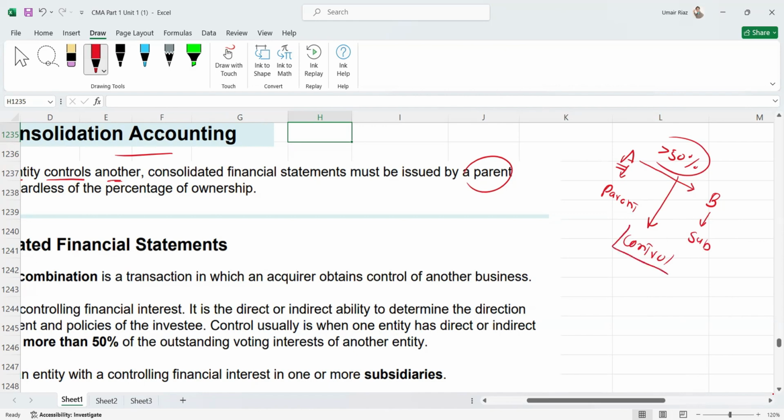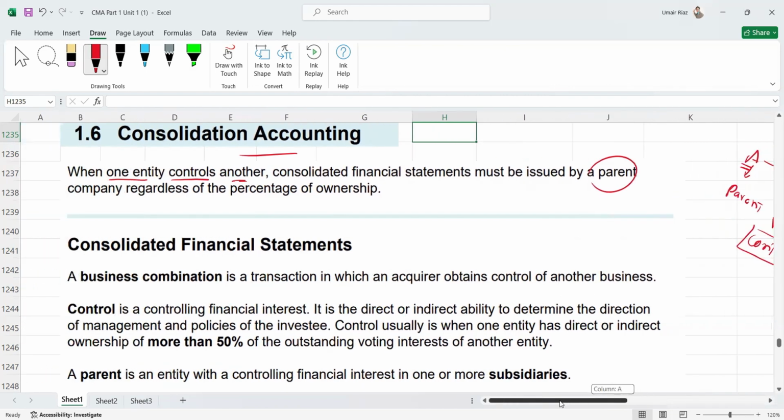Now we need to understand the definition of control. Control means the direct or indirect ability to determine the direction of management and the policies of the investee.